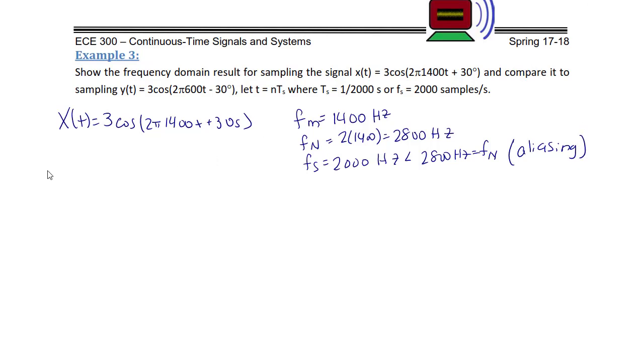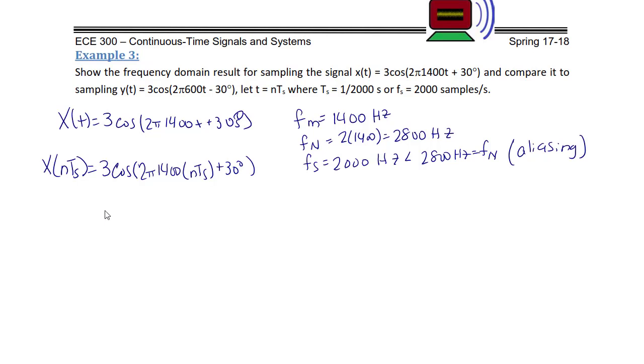So writing the function for the sampled signal, x of n ts, would be equal to 3 times the cosine of 2 pi 1400 times nts plus 30 degrees.